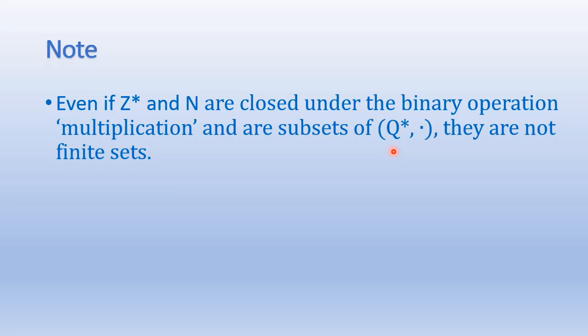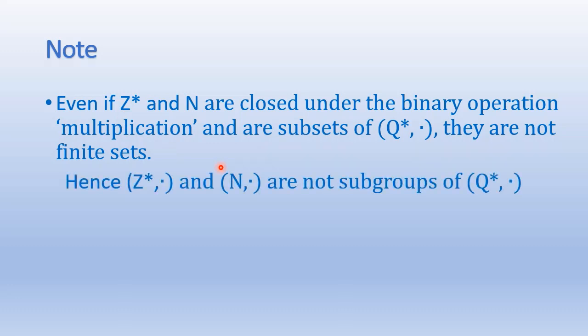If they are finite and closed, then we can say from the previous theorem that they are subgroups, but here they are not finite sets, so they are not subgroups of Q star comma dot.